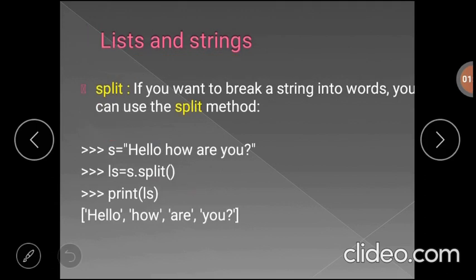Now, if we want a list of words from a sentence, we can use another method, that is the split method. Here s equal to hello, how are you, that is one sentence, and we are applying the split method to string s. The final output will be a list containing hello, how, are, you.